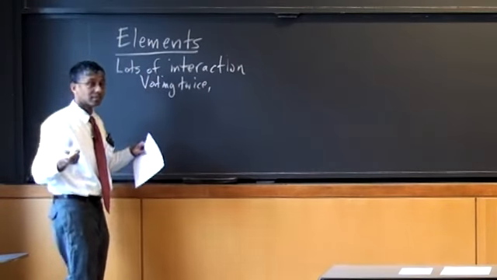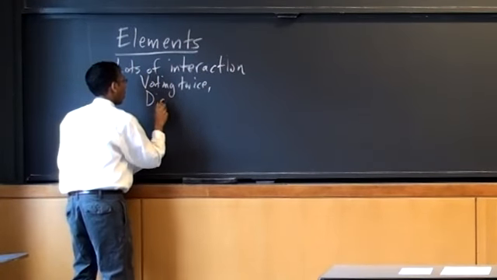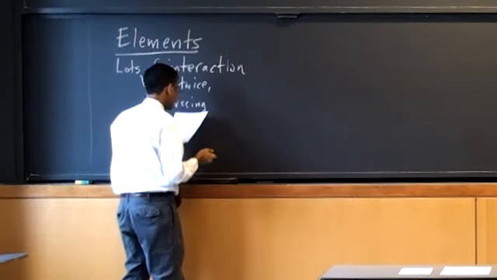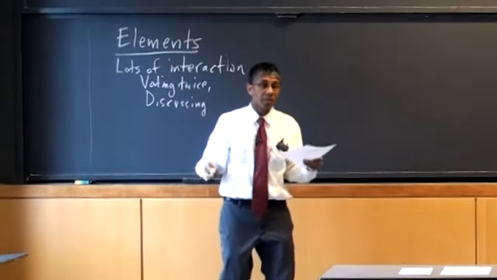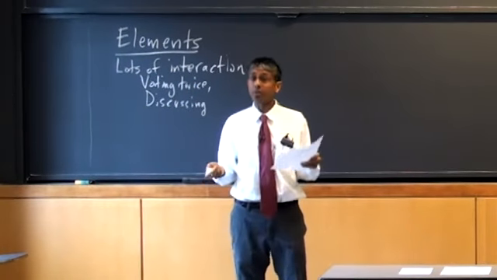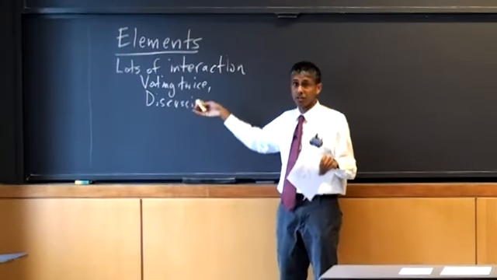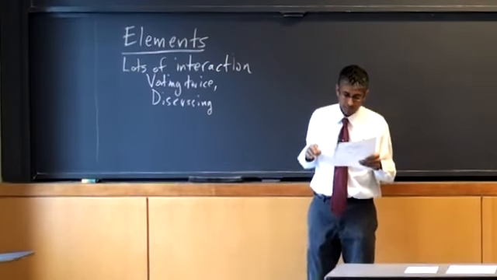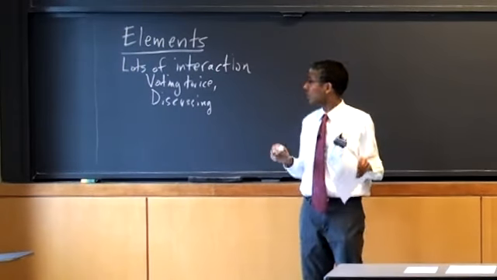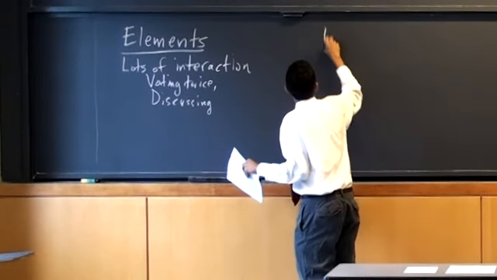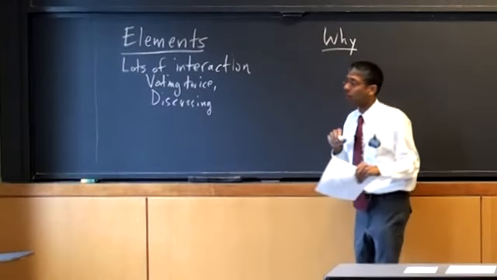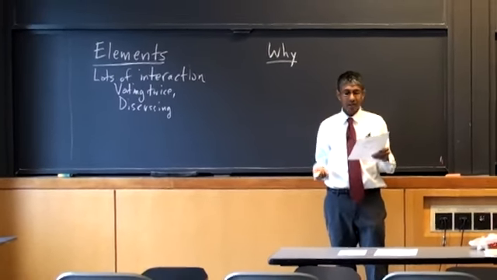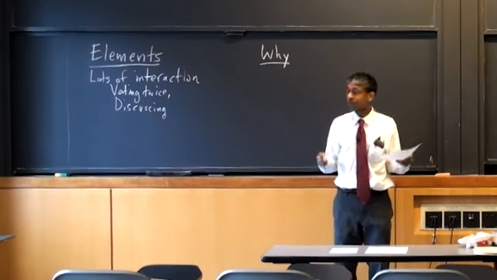So voting twice, discussing. So what are the reasons for that? What are the educational principles behind designing a question that allows lots of interaction, voting, discussing? Well, first of all, the why. It gives the teacher, it gives me an idea of how the class is thinking.